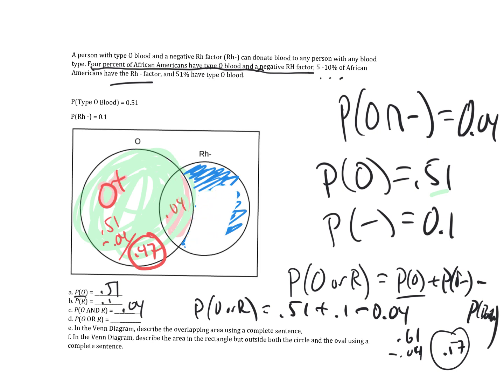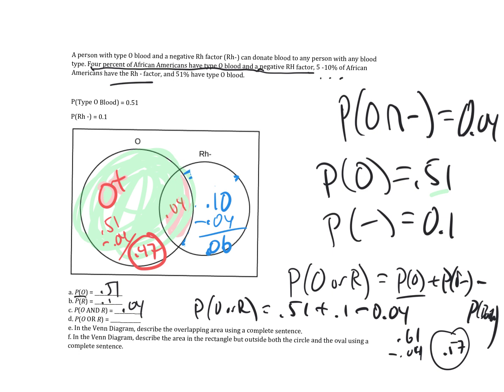Let me erase that and go with the blue ink here. So this one is 0.1. So 10% of people have Rh negative, and 4% of those people are type O. That means 6% of people have the Rh negative factor with the other blood types, A and B, right? Are there any other blood types?